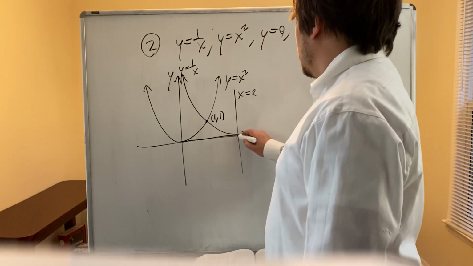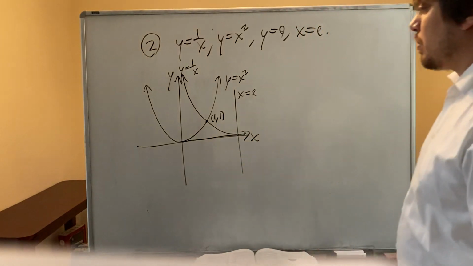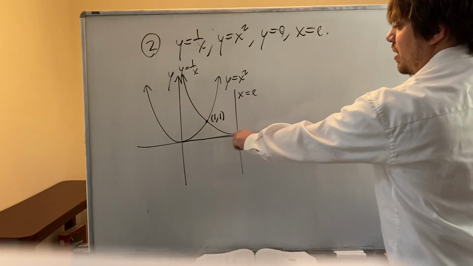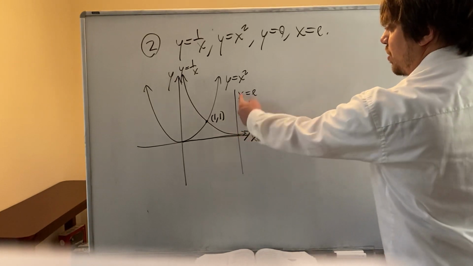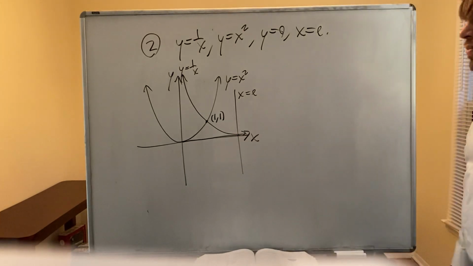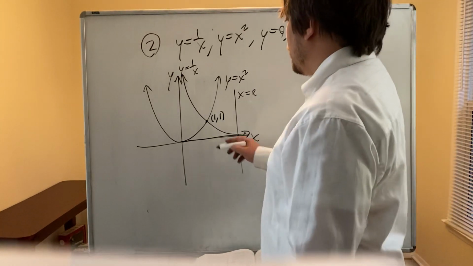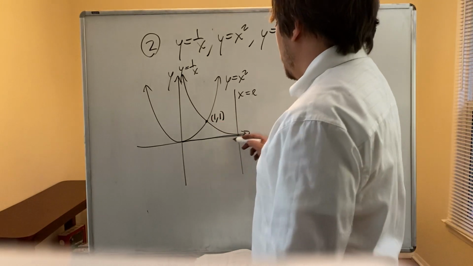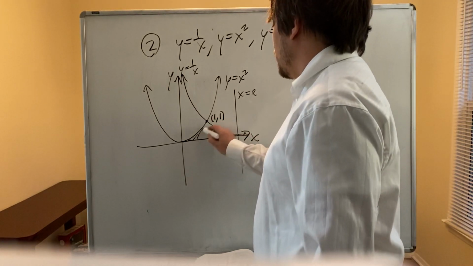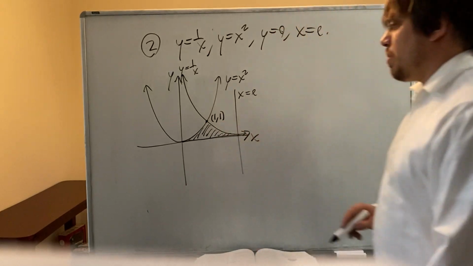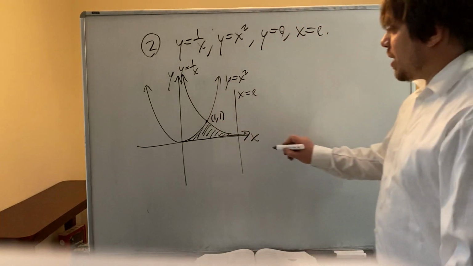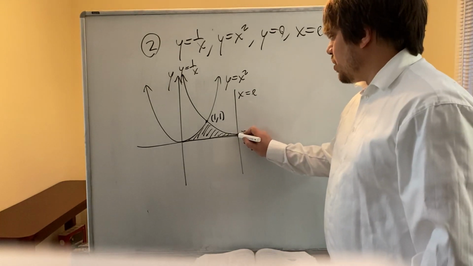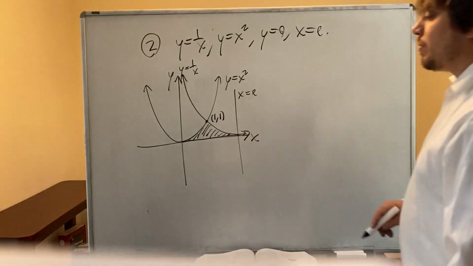This graph does not touch the x-axis, but because of the vertical line x equals e, we stop at e. What we want is the region bounded by y equals x squared, y equals 1 over x, x equals e, and y equals 0. So you get this region here. That's the region bounded by those 4 curves. And it's bounded by x equals e, by this little tiny vertical line there. That's the contribution of that one graph, x equals e.